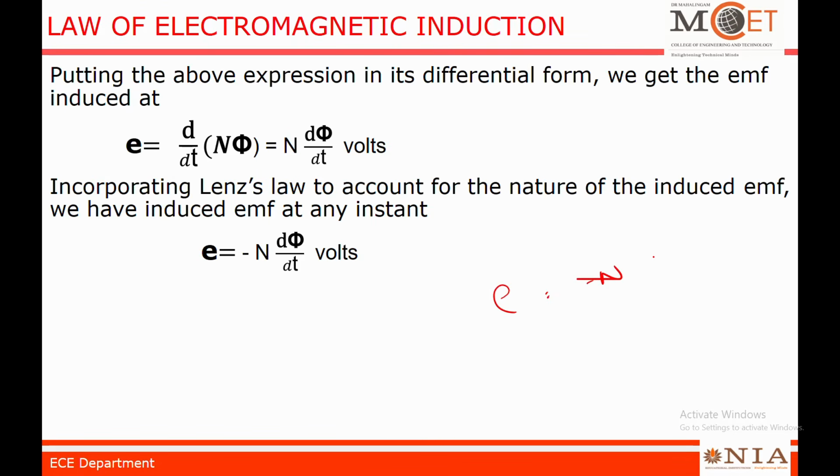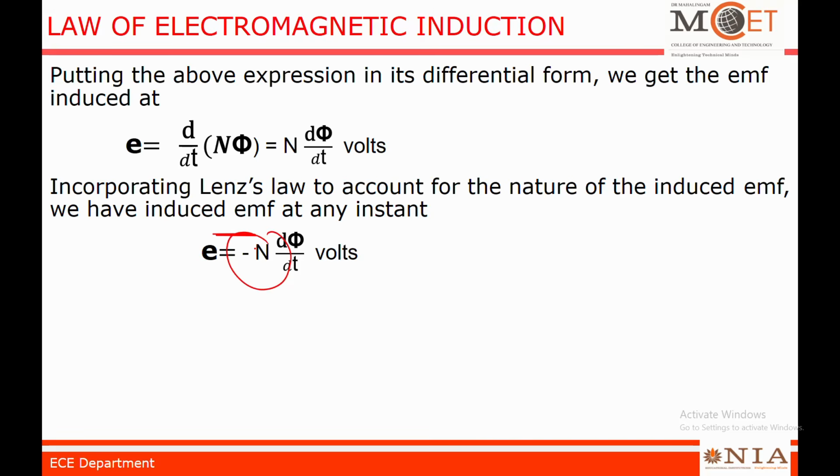Continuing, with respect to incorporating Lenz's law, the equation changes to E is equal to minus N d psi by dt, which means that with respect to a differential time, a differential flux is induced. This minus sign is produced only after incorporating Lenz's law.